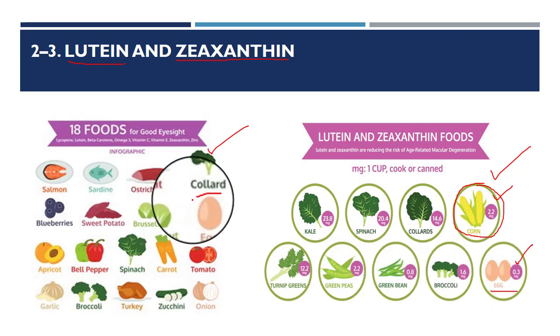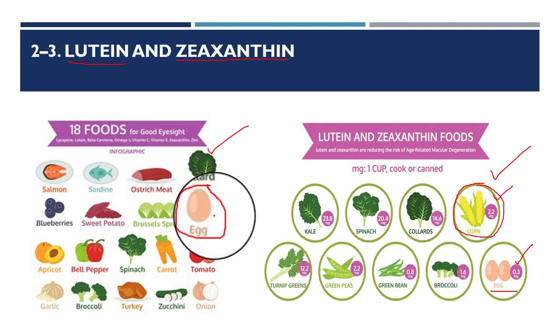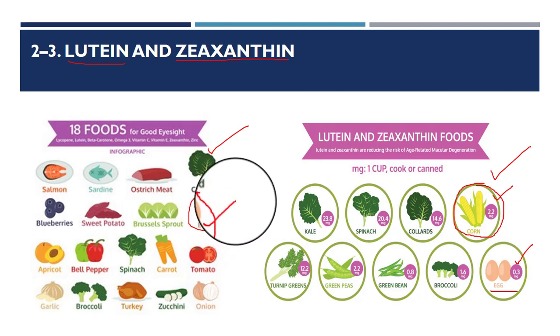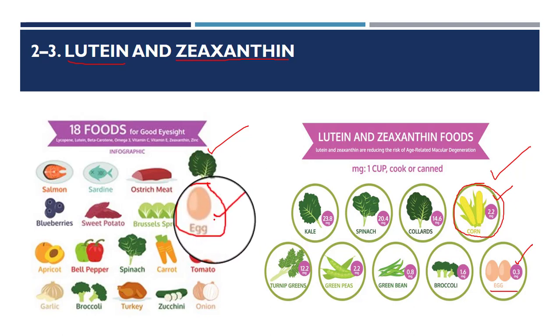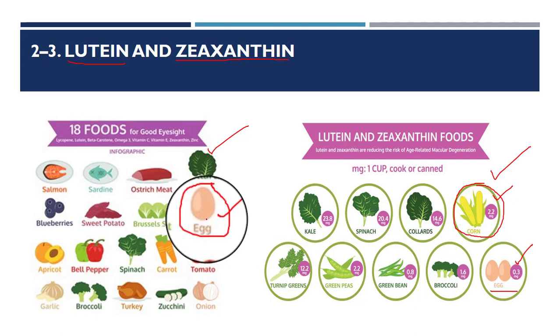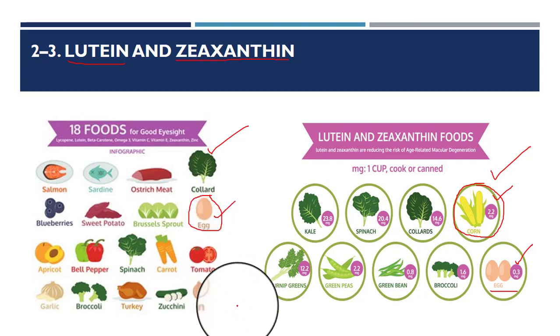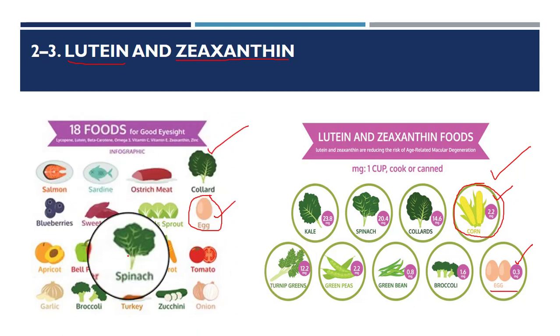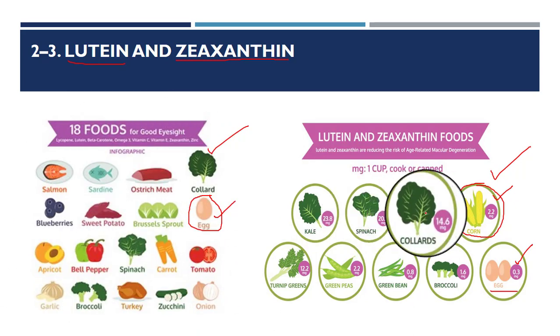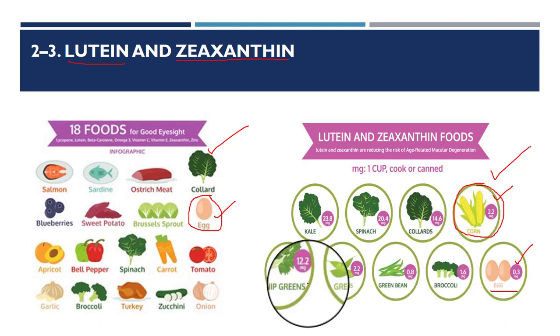Egg yolks are considered one of the best sources due to their high fat content. And the next source is avocado. Avocado is very rich in lutein and zeaxanthin. And another source is, you can see here on the screen. So these are the richest sources for lutein and zeaxanthin deficiency.